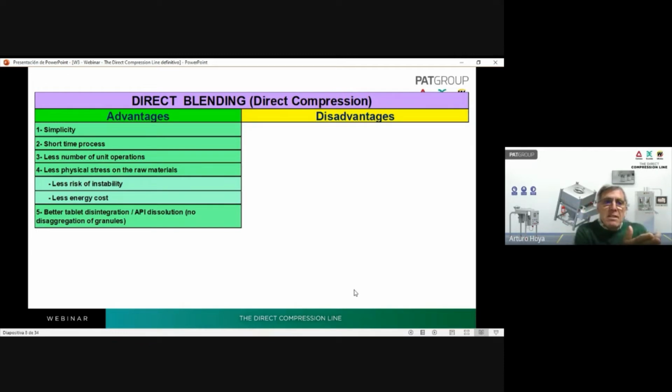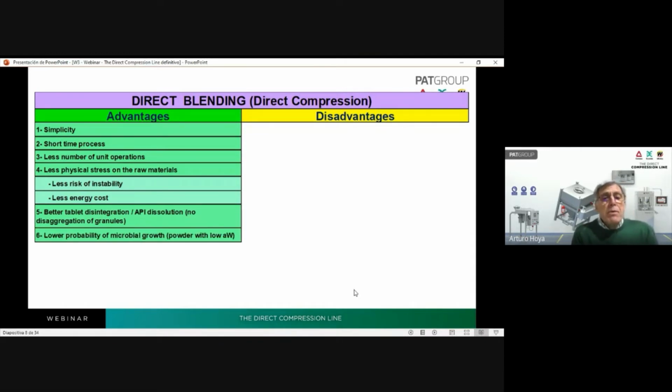So better tablet disintegration impacts API dissolution.